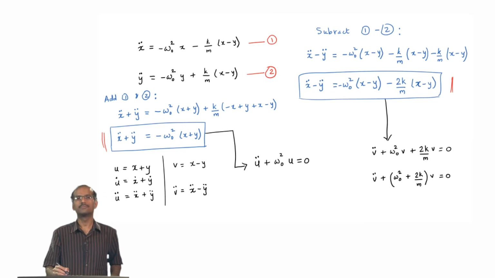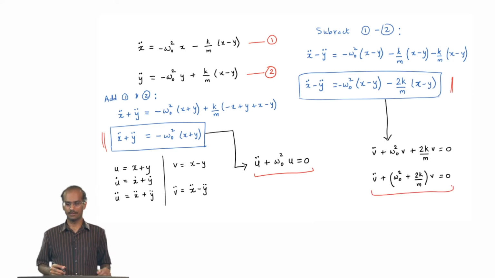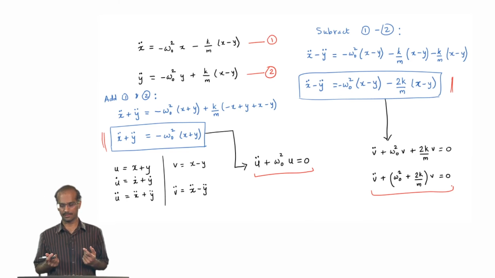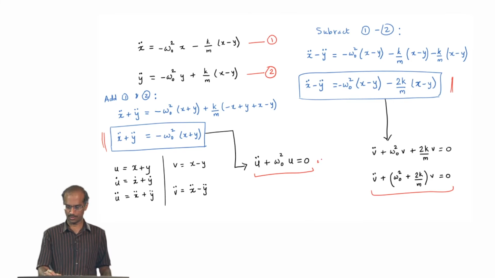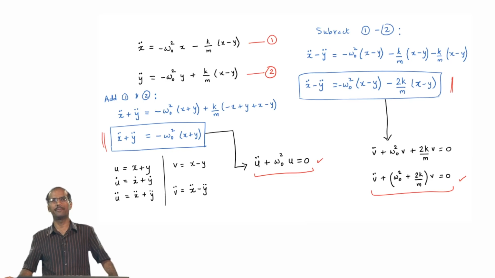Now, examine these two equations. They look like the equation of a one dimensional oscillator, and the square of the frequency is omega 0 square in the first case, and omega 0 square plus 2 k by m in the second.